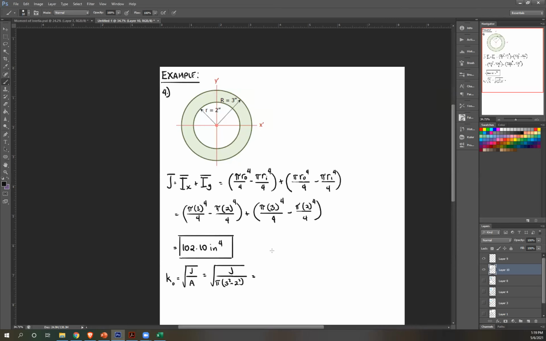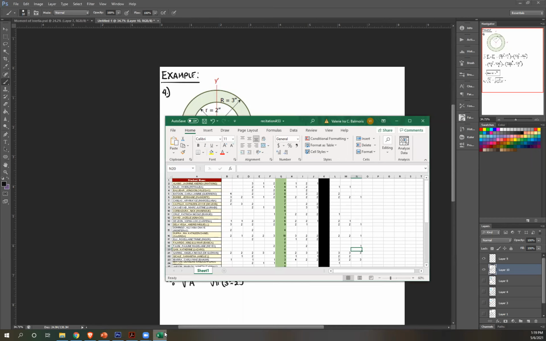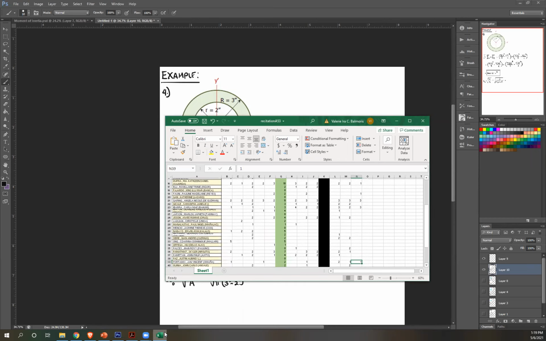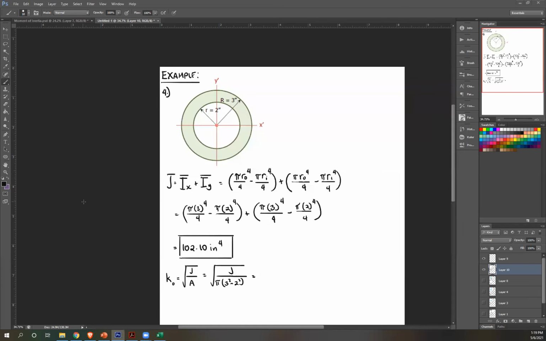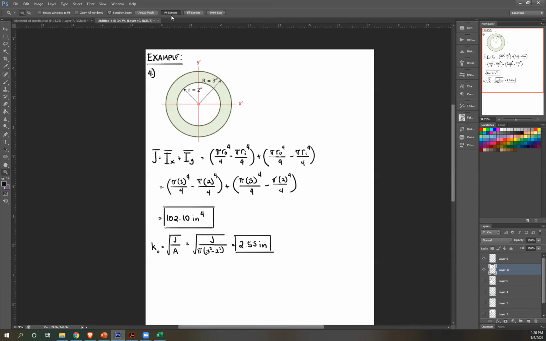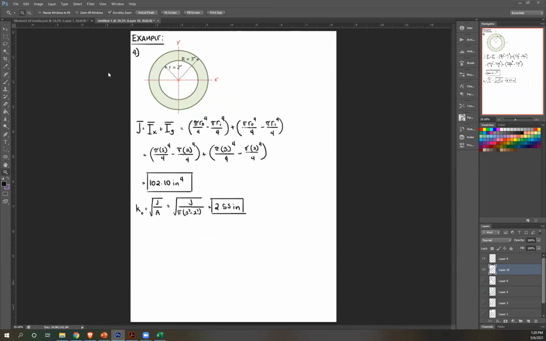Correct, it's 2.55. And then the unit, once again, this is just a radius, so inches. Right. That is your number 4. Any questions for number 4?